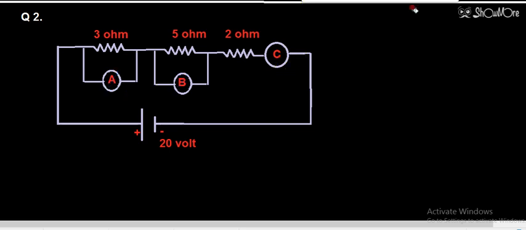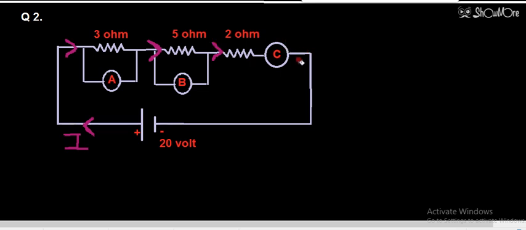Let's suppose current I is coming from the battery. Then you can check, the same current will be flowing through 3 ohm, the same current through 5 ohm, and the same current through this 2 ohm resistance.